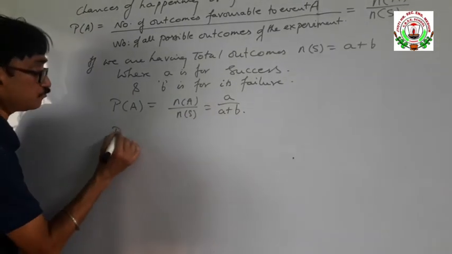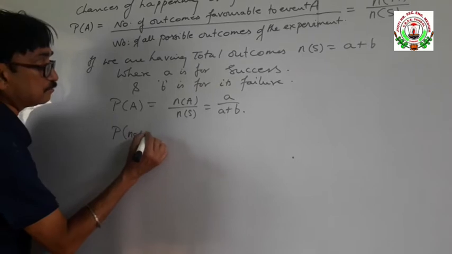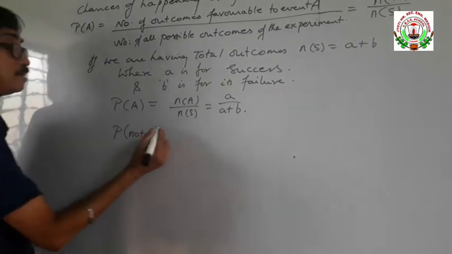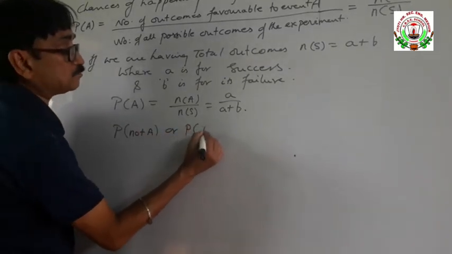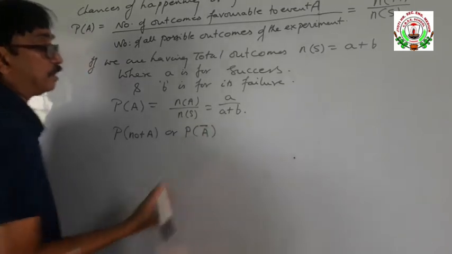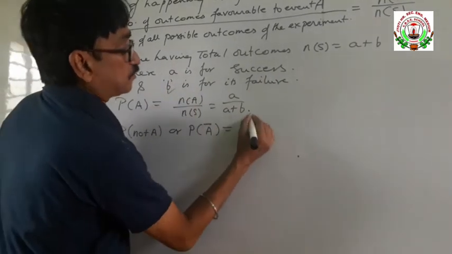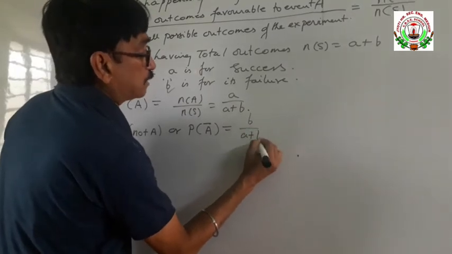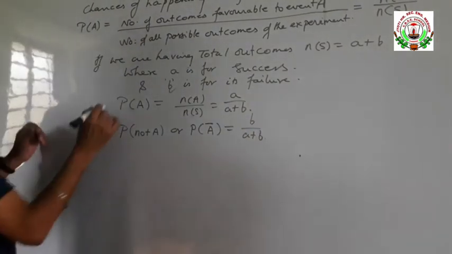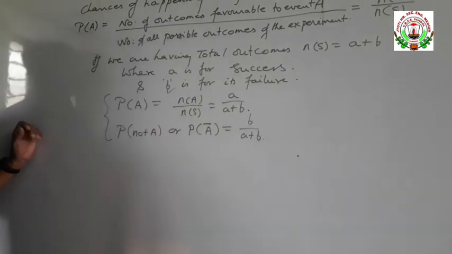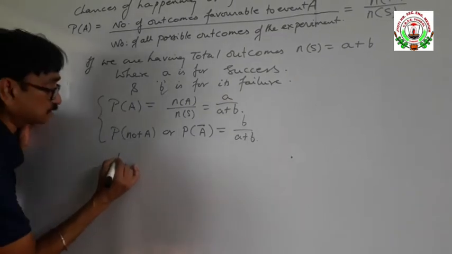But in case of its failure, we can write it as not of A, or represent it as P of A bar, equals to b upon a plus b. Now if I add the success and failure, what will be our result?